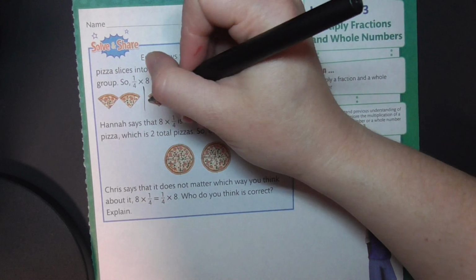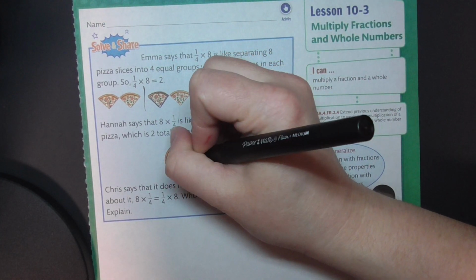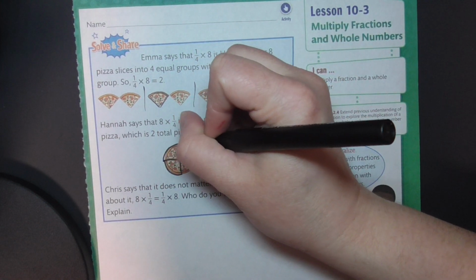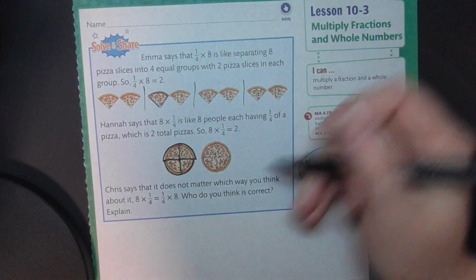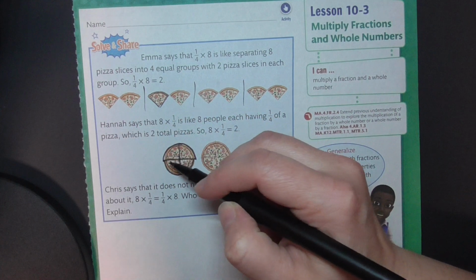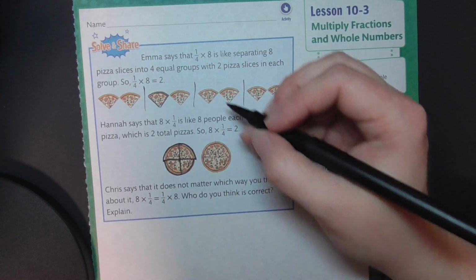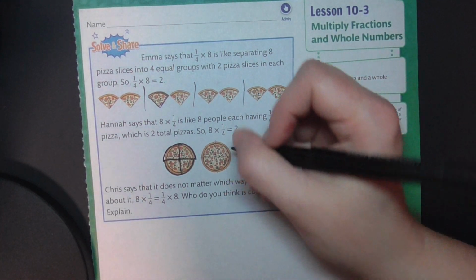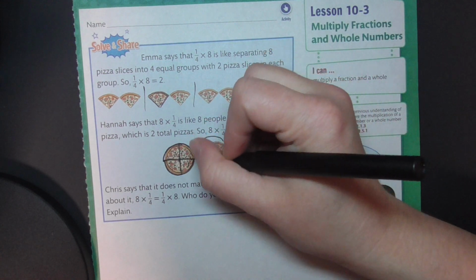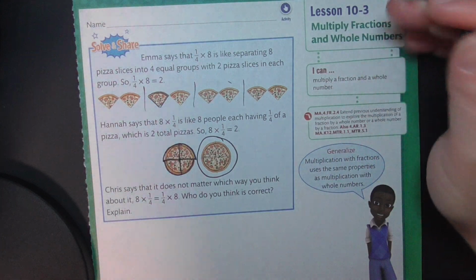Now, if you actually look at these pieces and you put them here, you have 2 pieces, 1, 2, 2 pieces, 1, 2. So these 4 pieces equal a whole pizza, and so do these 4 pieces. So if you're thinking about actually rearranging them, these both mean the exact same thing. So that's how they are both right.